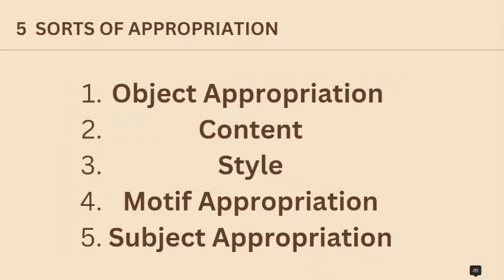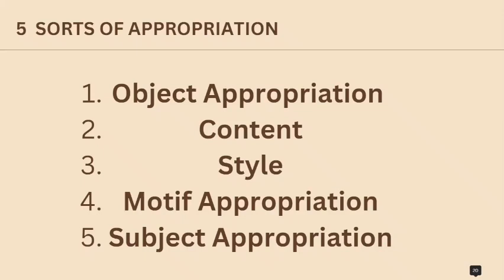The first one is object appropriation. It occurs when the possession of a tangible work of art is transferred from members of one culture to members of another culture. Second, content. It occurs when an artist reuses an idea first expressed in the work of an artist from another culture. Third, style.